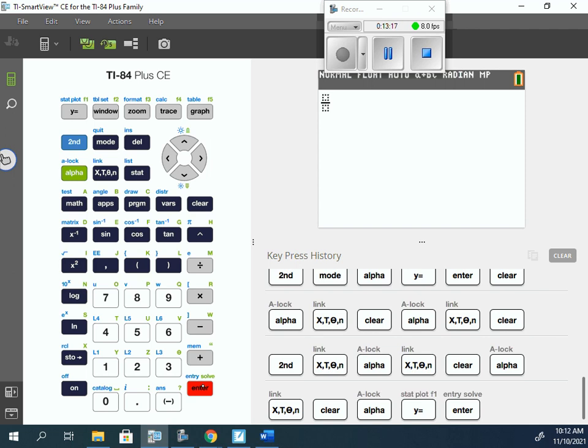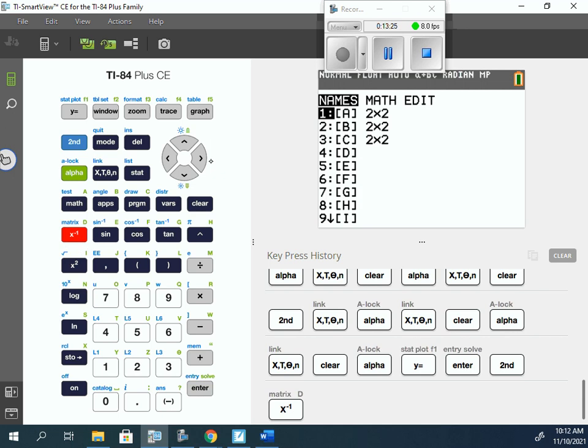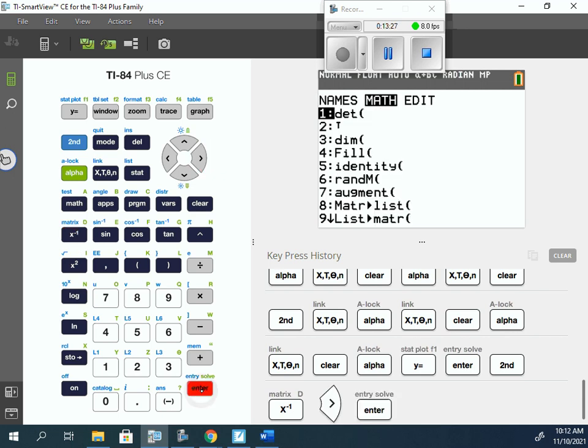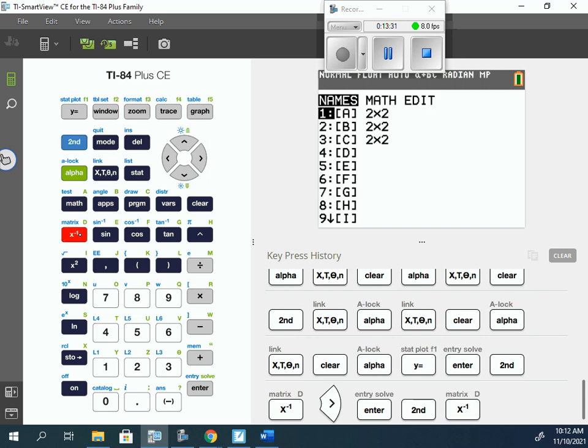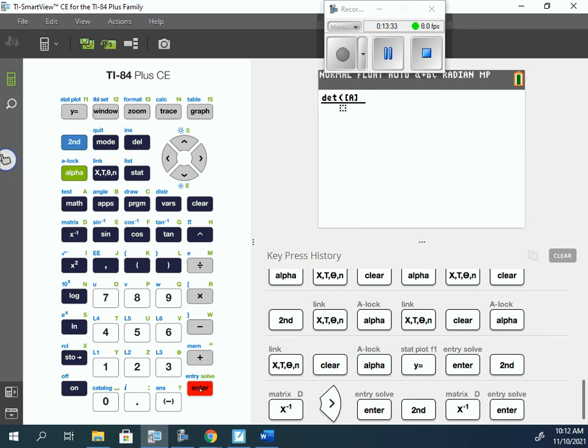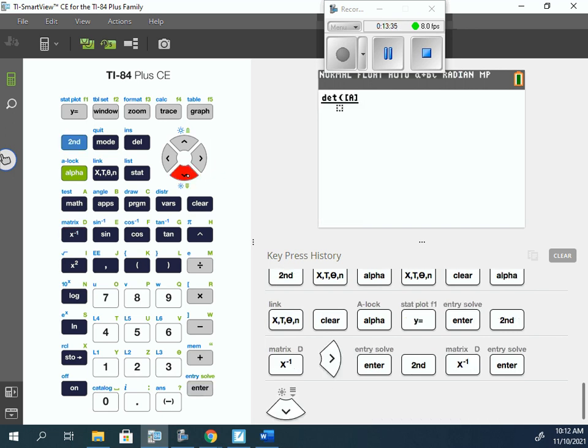Now, what do we want on top? We want the determinant of A, yes? So we can go second matrix, over to math to get the determinant, and then we want second matrix A. So we have the determinant of A over the determinant of which one?